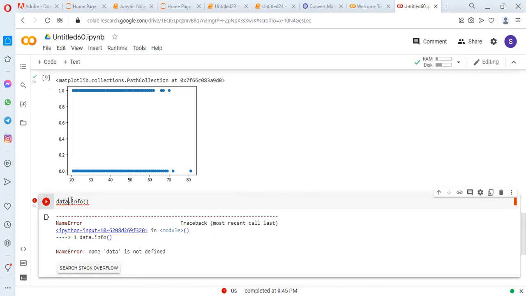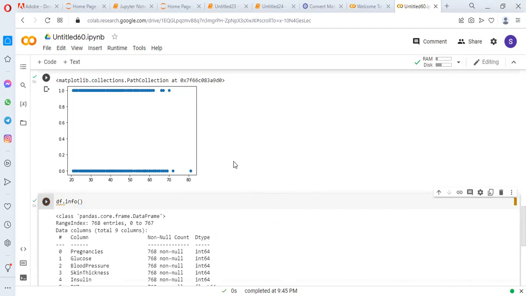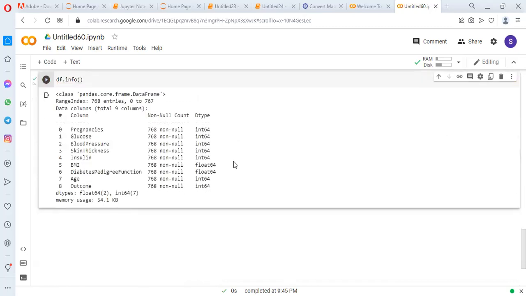Sorry, it would be df, my data set name is df. I will get all the information from my data set, that is, the data type of the various columns and other information.